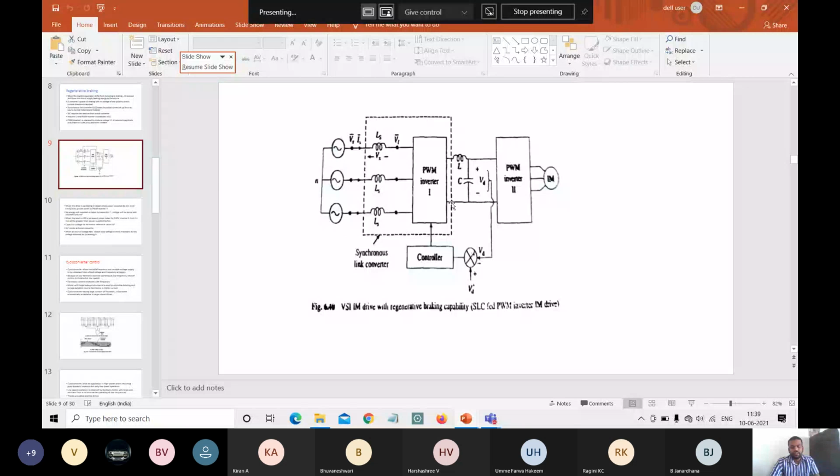This must be achieved by using closed loop control actions. Look here, this is the closed loop.